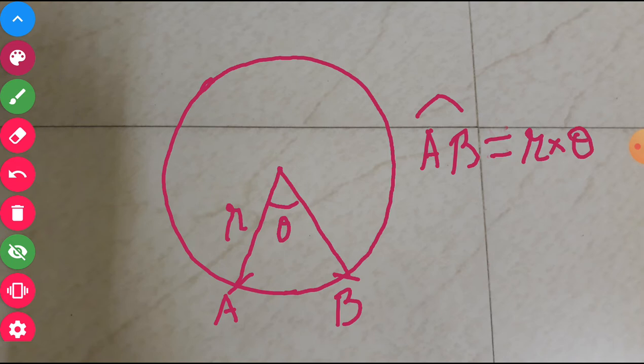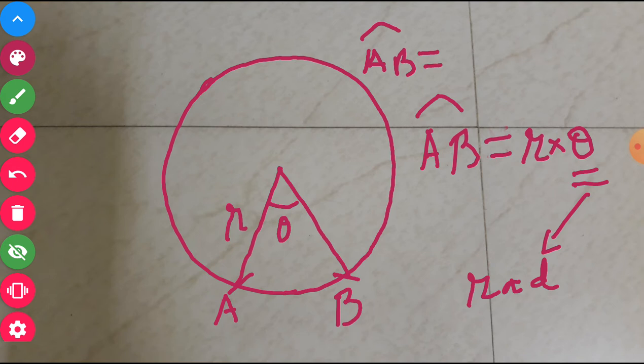This you have studied. Arc is equal to radius multiplied by theta, but this theta has to be in radian. If you have not converted it to radian, then you have to convert it. The length of arc formula you must have studied, because you were not aware of converting it at that time, so you were writing it in a different way: pi r theta upon 180.